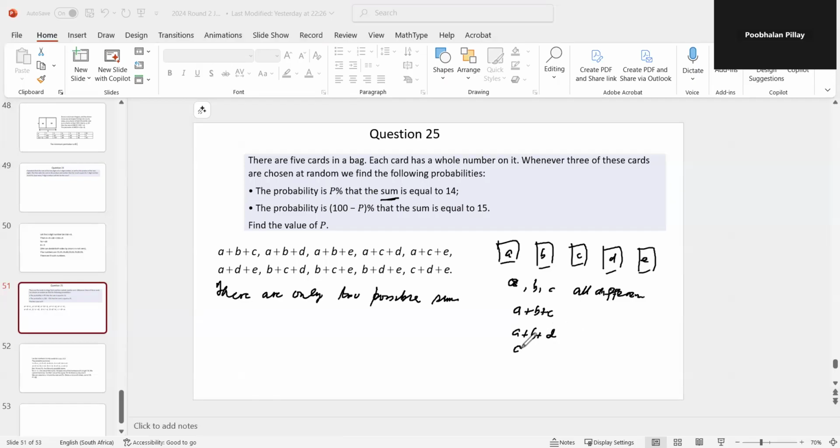And you get A plus B plus E is a third answer. Now these sums will all be different. So you'll have 3 different sums.